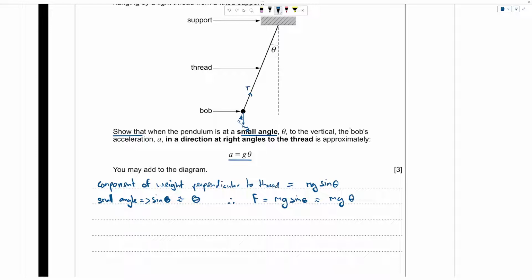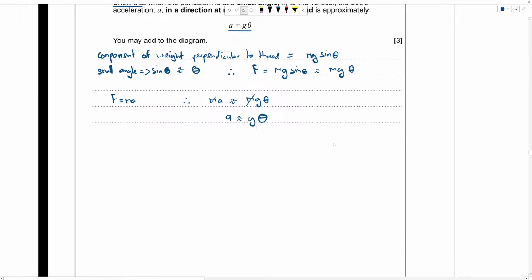And then the final step here is to say F equals ma. So therefore, mass times acceleration is approximately mg theta, and I can just cancel those m's to get that a is approximately g theta as required. So small angle approximation and resolving that weight into components perpendicular and parallel to the thread.